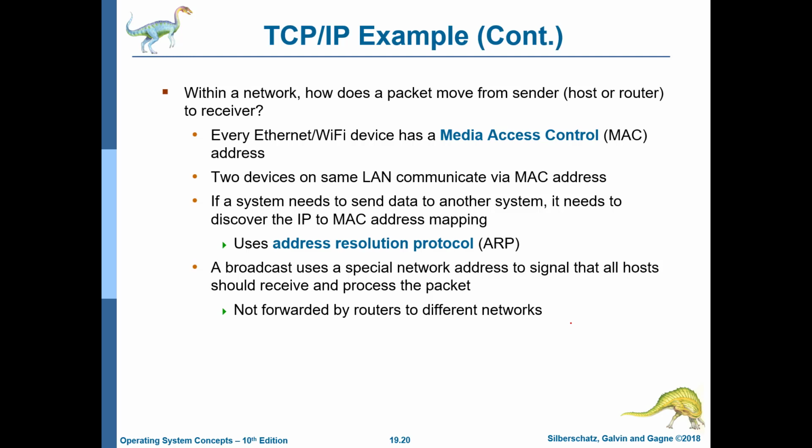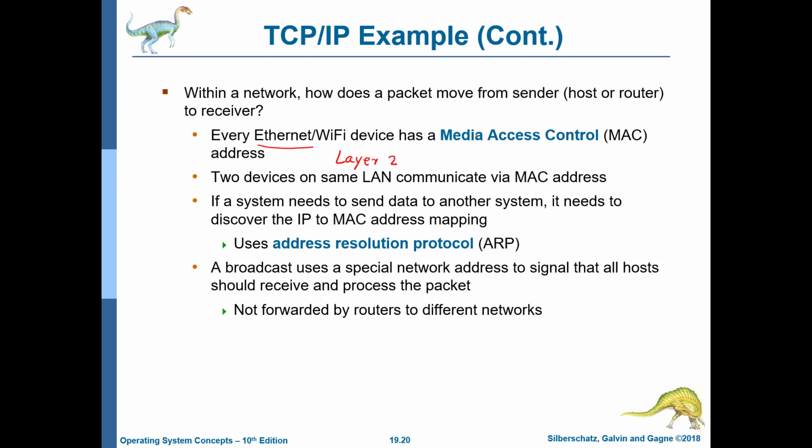So within a network, how does a packet move from a sender to a receiver? Well, this is where the rest of the layers come into play. What we have not shown in the TCP/IP model, but which are there in the OSI model. So we can use one of the layer 2 protocols, for example, Ethernet or Wi-Fi.